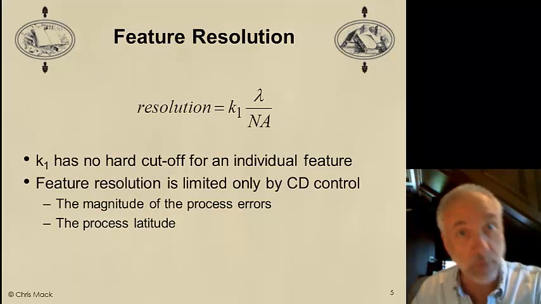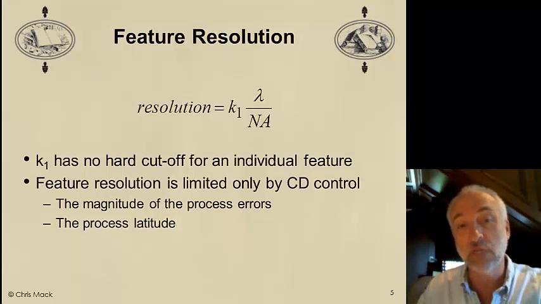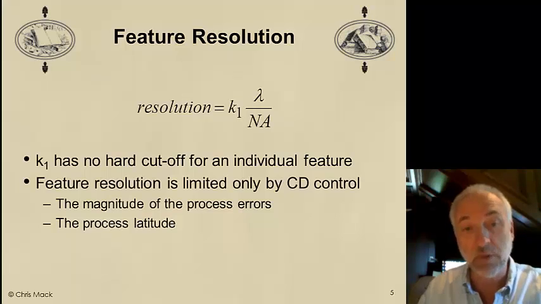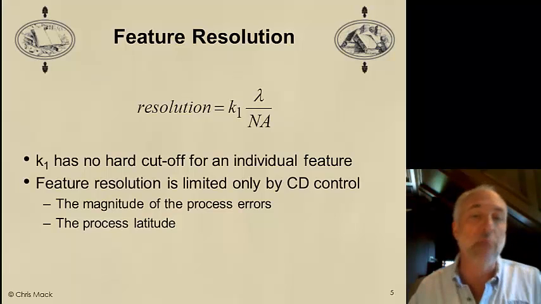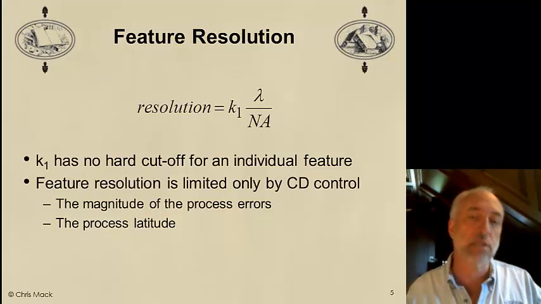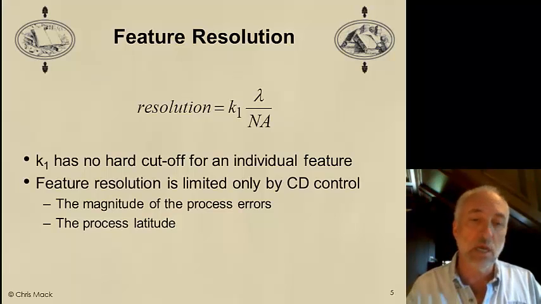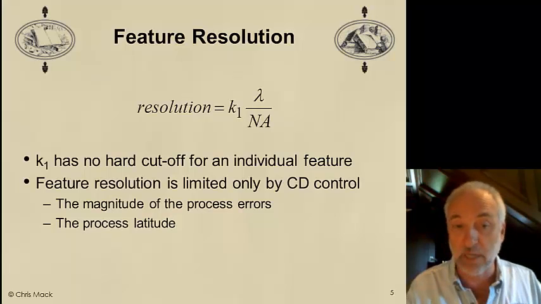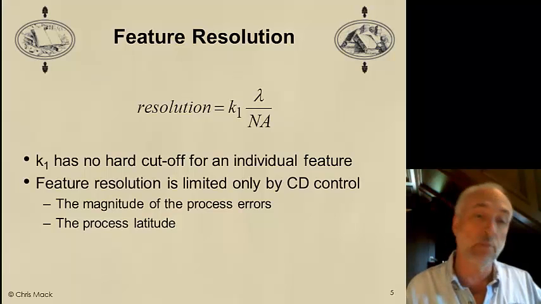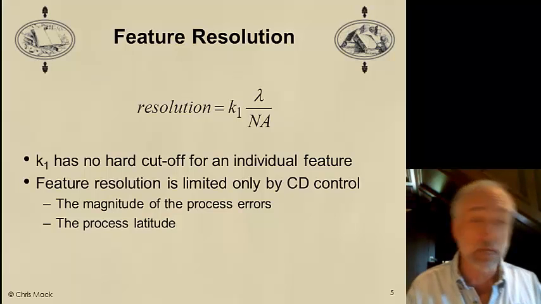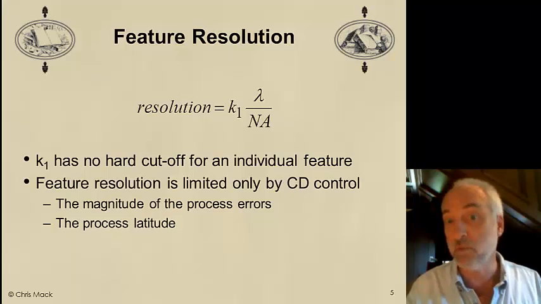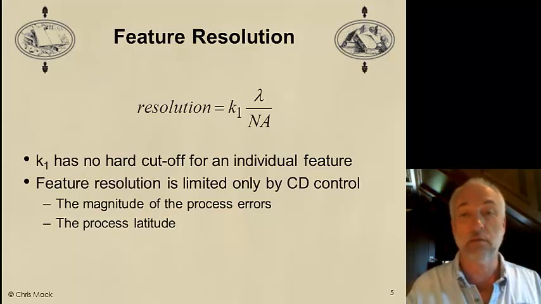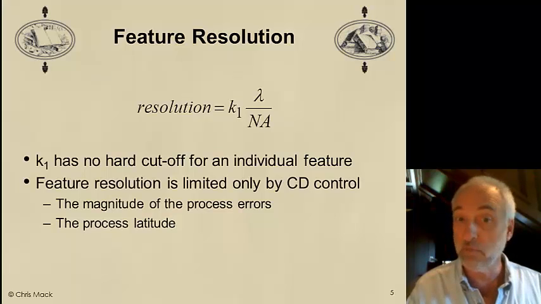Now, you recall from a previous lecture that CD control is determined by two factors. One, the magnitude of the process errors that exist in our manufacturing process, and two, the process latitude, that is the response of our process to those errors. So if we can improve the process latitude, then we get better CD control and better resolution. Or if we can reduce the magnitude of the process errors, we can also get better CD control and therefore better resolution.